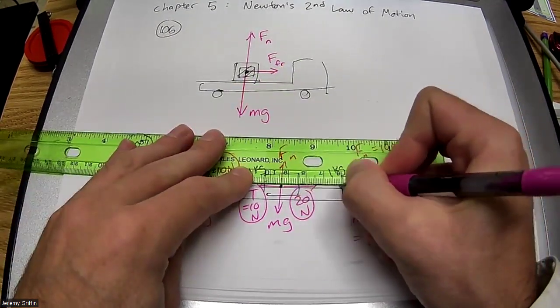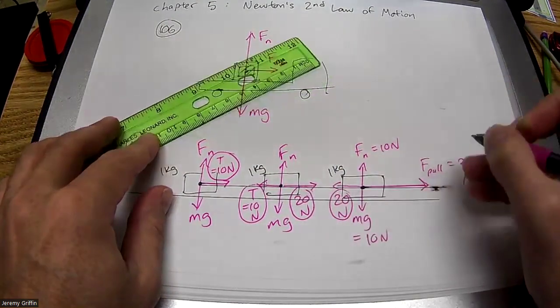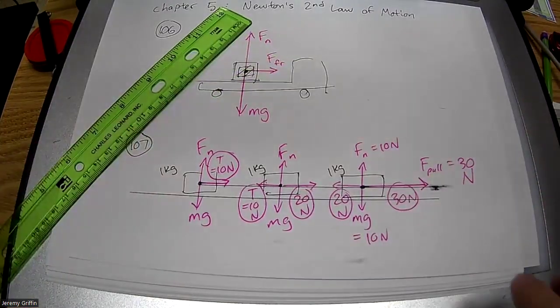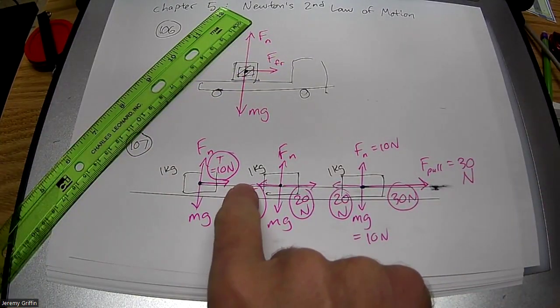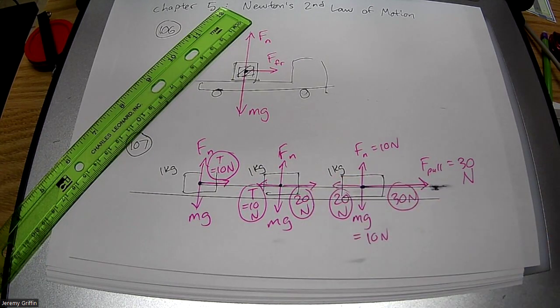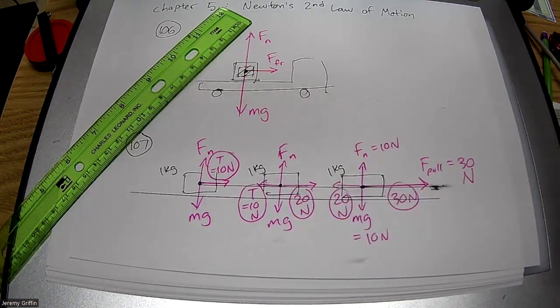How many newtons is this right here? 30. So guys, the tensions go 10 newtons, 20 newtons, 30 newtons. He's pulling with 30 newtons. You guys see as you go back, it gets successively less and less tension?